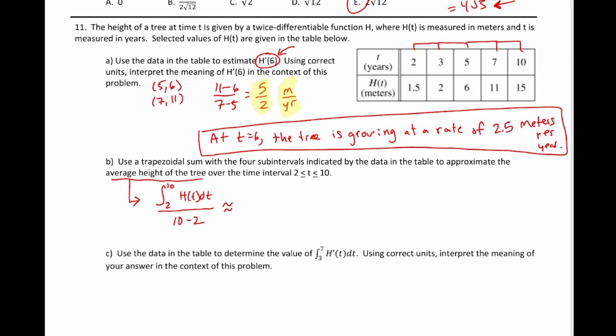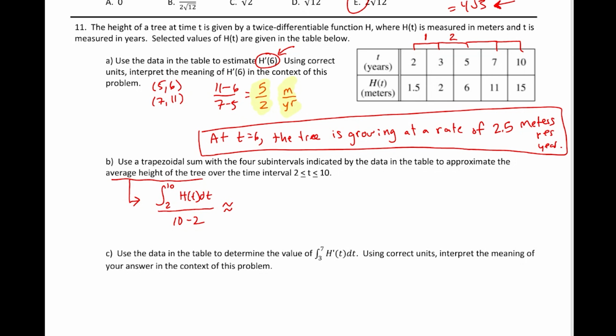And we still want to be thinking of them sort of like rectangles where it's base times height. But with the trapezoid, you don't have a consistent height, so you have to use the average of the two heights of the two partitions. So I'm going to do base times height in each case, and let's lay out the bases here. So the base for the first interval is just going to be 1 from 2 to 3.